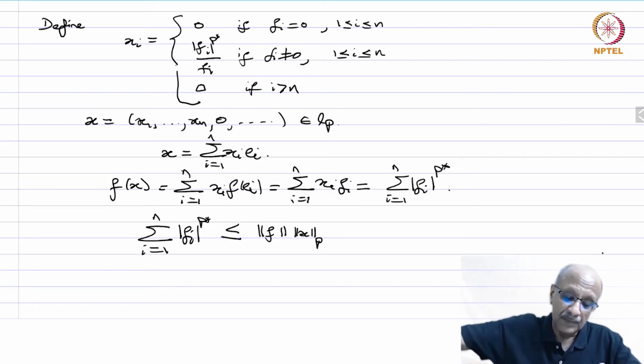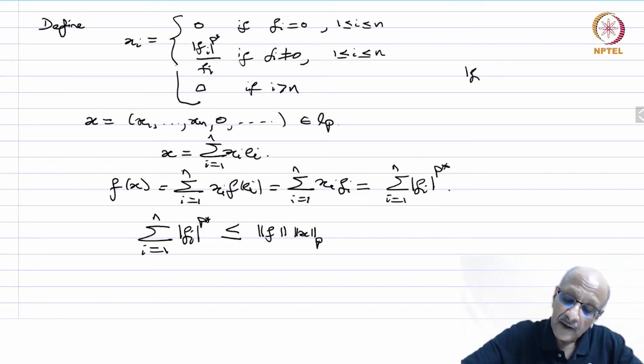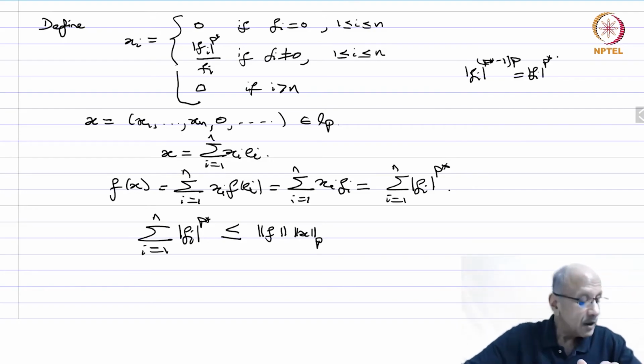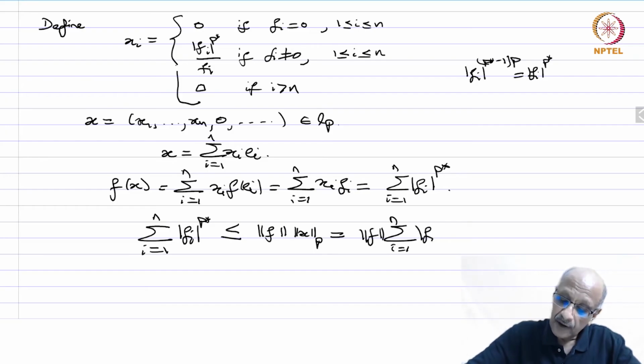If you take the modulus and take the pth power, then you get mod fi to the p star minus 1, times power p, and p star minus p is nothing but mod fi to the p star, by definition 1 by p plus 1 by p star equal to 1, and therefore this is equal to norm f into the sum over i equals 1 to n of mod fi to the p star, whole power 1 by p.